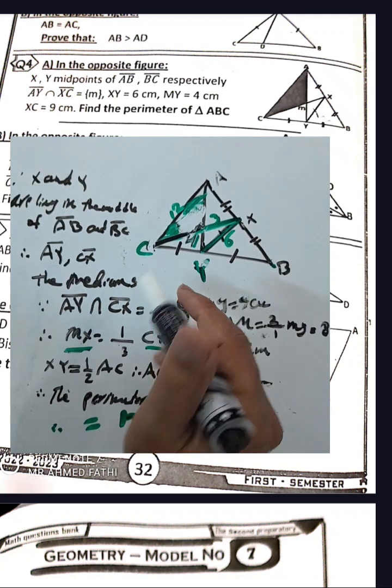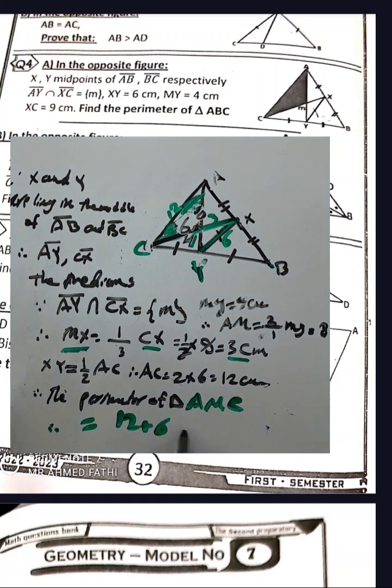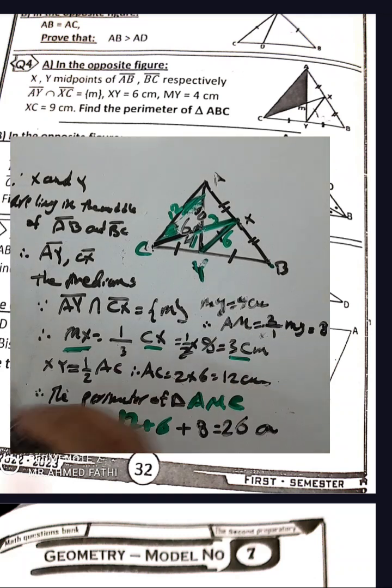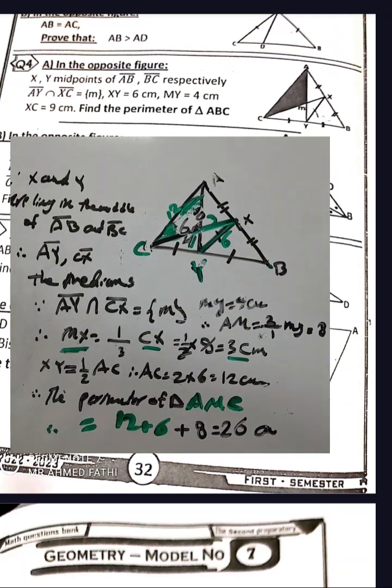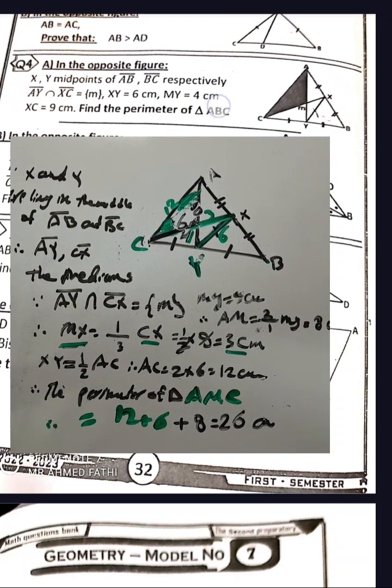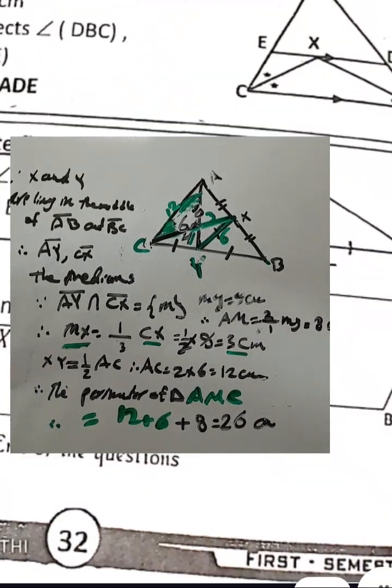Then the perimeter will be 12 plus 6 plus 8. The result will be 26 centimeter. Okay, understood? We have the mistake right here, triangle of what? AMC. You must cancel this letter P and write M. Okay, next question.